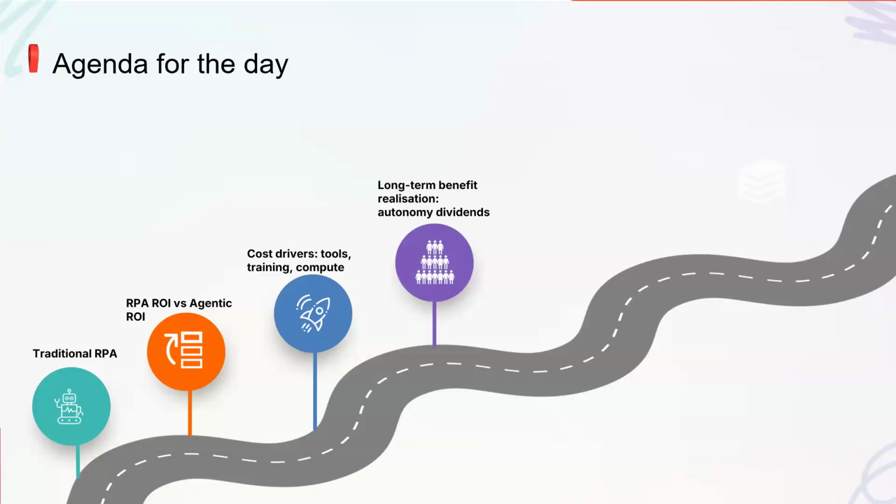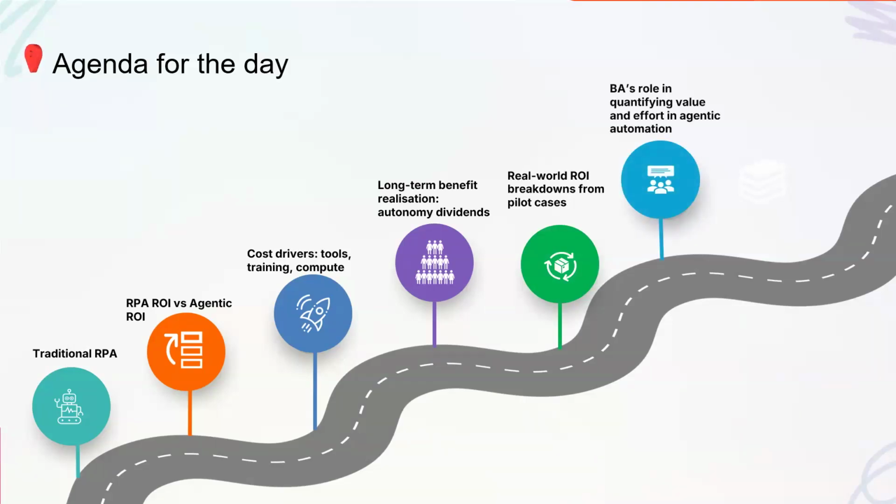Along with that, we'll also talk about long-term benefit realization, autonomy dividends, and real-world ROI breakdowns from pilot cases, as well as the BA's role in quantifying value and effort in agentic automations. Finally, we'll close with aligning lifecycle stages with ROI checkpoints.